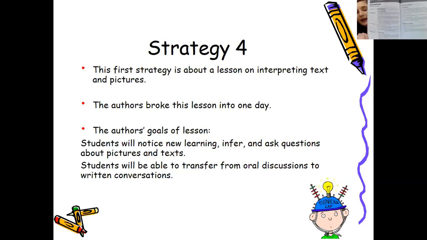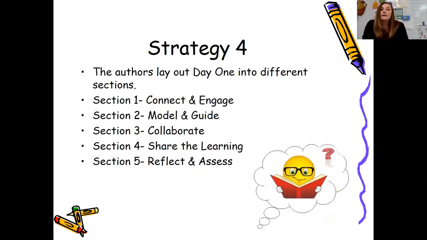It has connect and engage, and it has model and guide. It combined those two this time. And then it has collaborate and share the learning. So during this lesson, it says discuss what it means to have a conversation, oral and written.